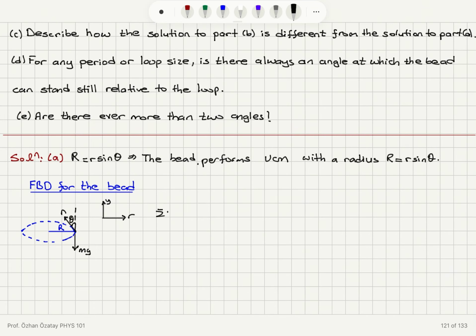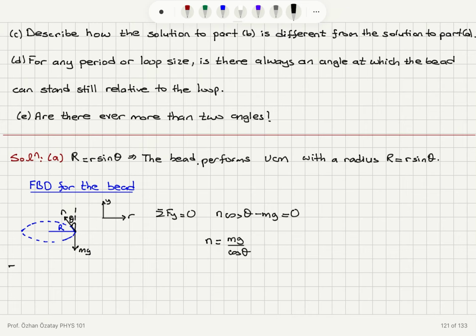The net force on the y-axis will be 0. So that means N cosine theta minus mg is 0. Therefore, the normal force exerted by the wire is mg divided by cosine theta. There is no motion on the y-axis.